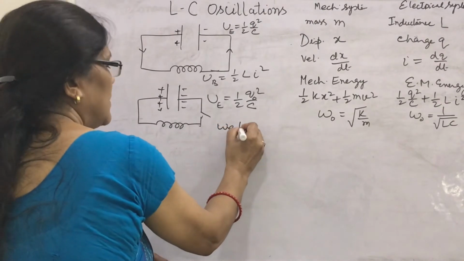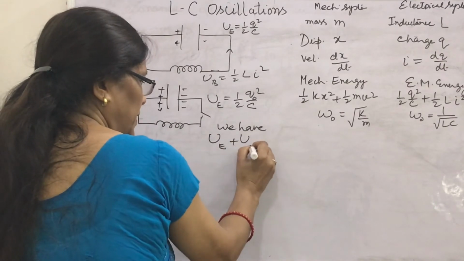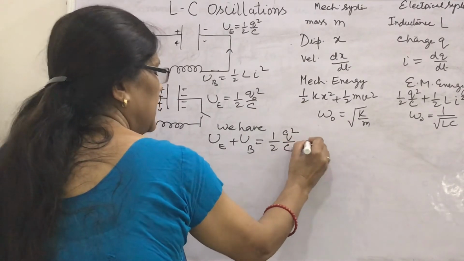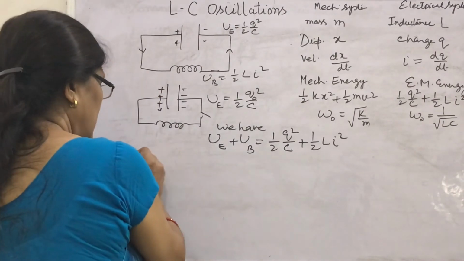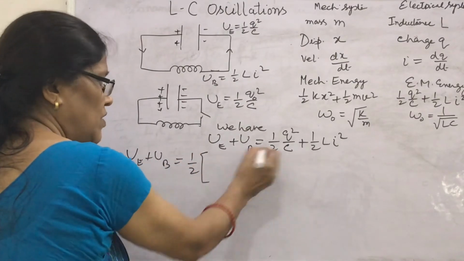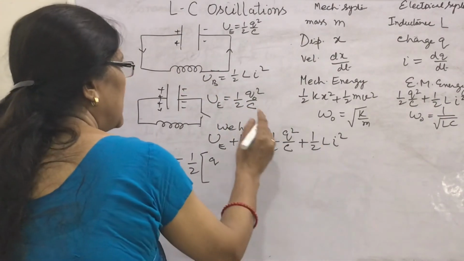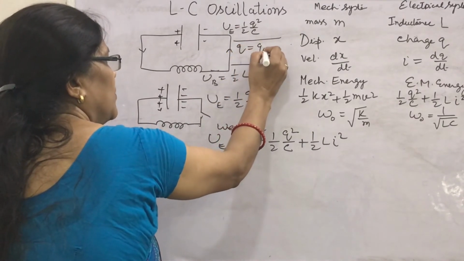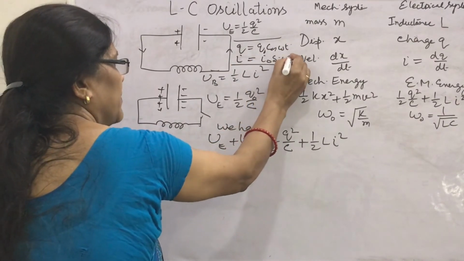We have UE electrical plus UB magnetic energy, which can be written as q square upon 2C plus half Li square. If you write UE plus UB, take half common. In place of q, we have the expression q equals q naught cos omega t and i equals I naught sin omega t.